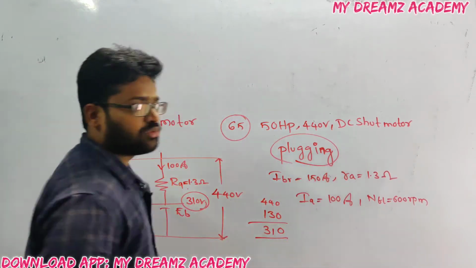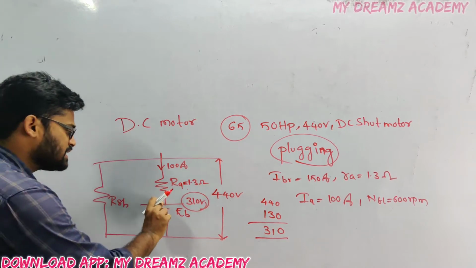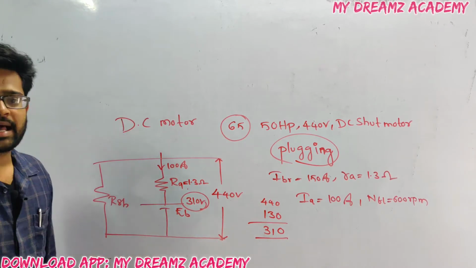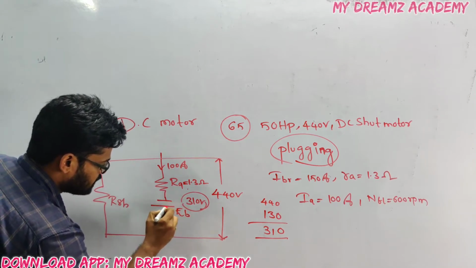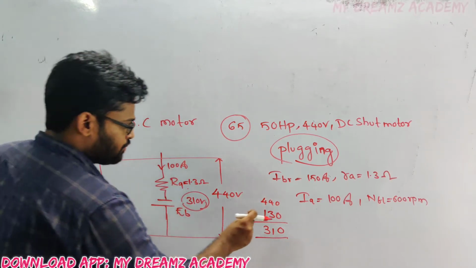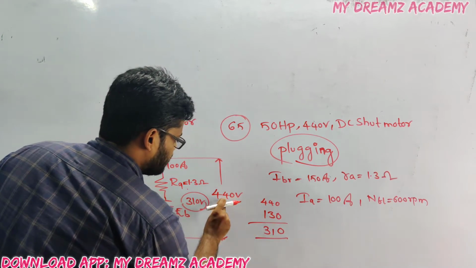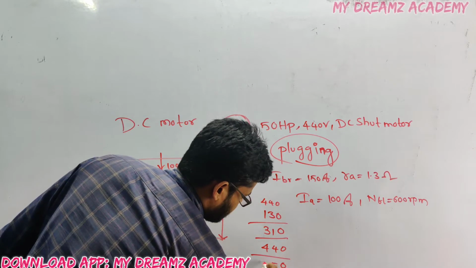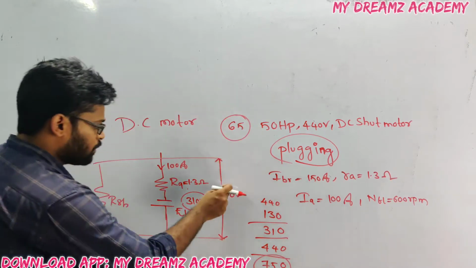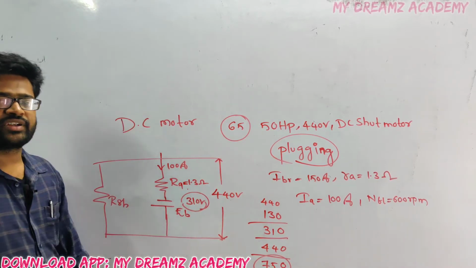Next, plugging. In plugging, what do we do? We change the terminals of this back EMF like this. This is minus and this is plus. So this 310 volts and 440 volts add up to 750. Now the potential difference between these two is 750 volts.